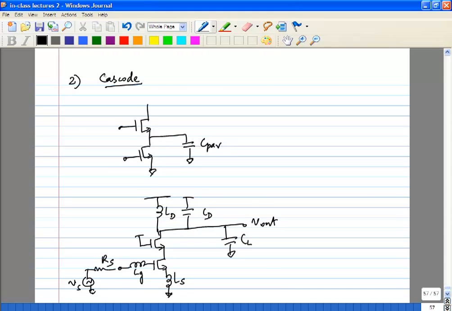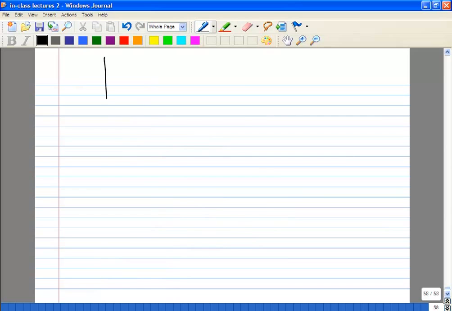The only difference is you're doing a narrowband match at the input, as opposed to a common gate structure which would have a wide band. There are some cases where you would want to choose a common gate. For example, if you look at the noise figure versus frequency, remember that the noise figure of a common source is proportional to omega over omega t.